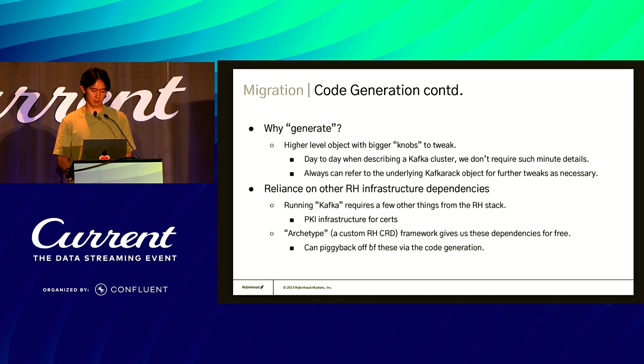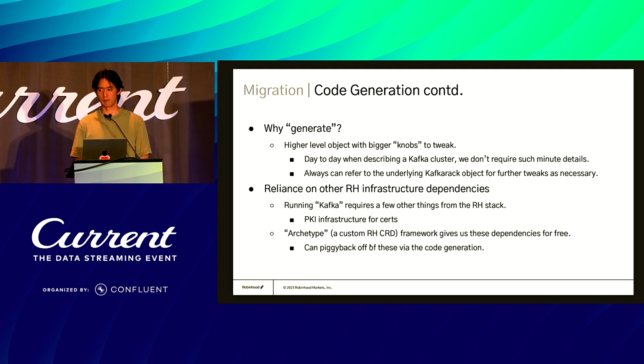Something more specific to Robinhood is that the CRD I'm talking about, which resides on top of Kafka rack, also gives us the ability to inject a lot of the things that our Robinhood stack gives us for free. One of which is the sidecar that we need to generate the certs to run PKI effectively. This CRD is dubbed the archetype.